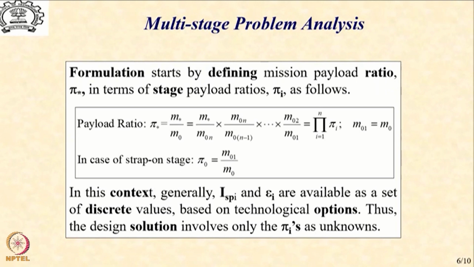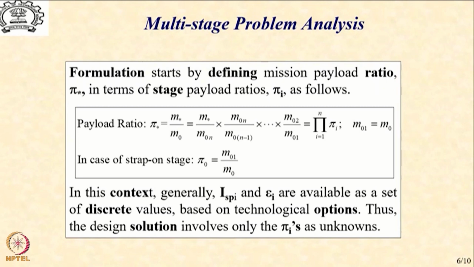We note that in most cases, for most space agencies, the propulsion and the structural technologies are generally available as a set of options that they have developed over a period of time, and because of that the Isp i's and epsilon i's are available as a set of discrete values depending upon the number of technological options that a particular agency has.